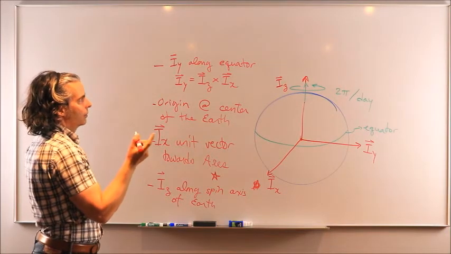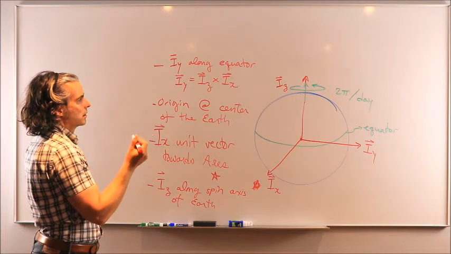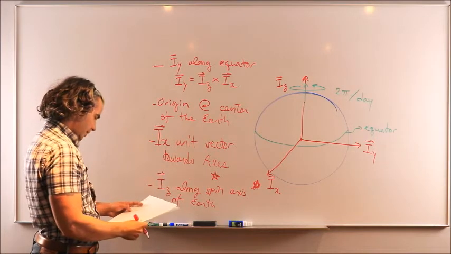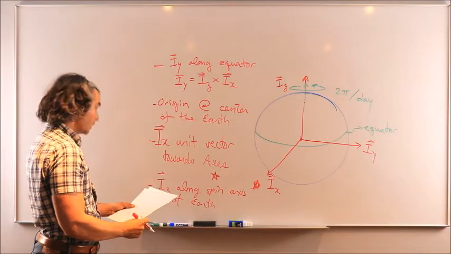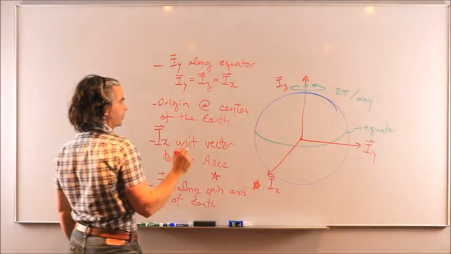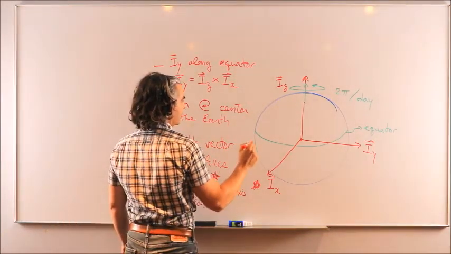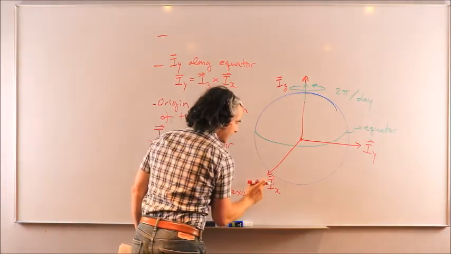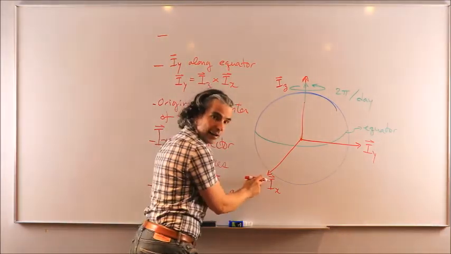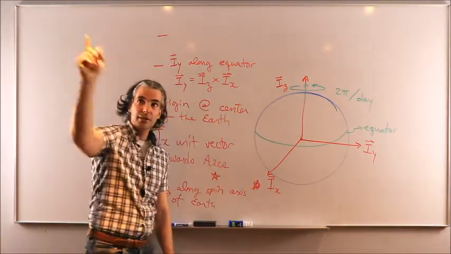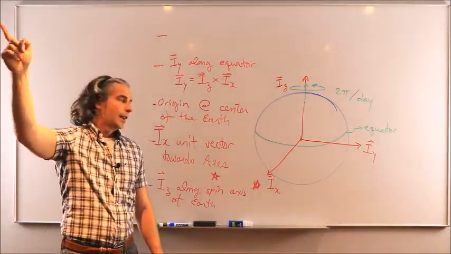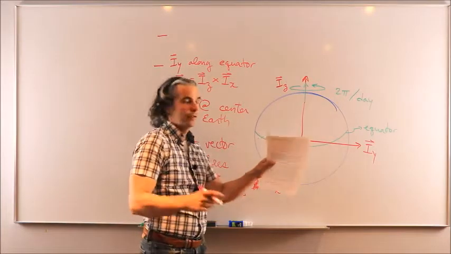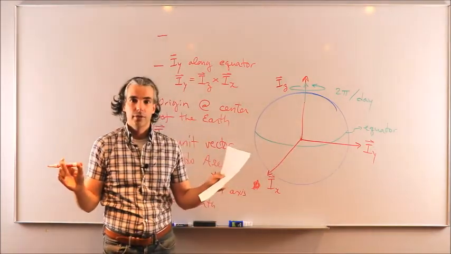Happens to be in the equatorial plane. Oh yeah, one thing to notice here is that because this axis, this unit vector Ix, is always pointing at the same star in the sky, it means that this reference frame is not physically attached to the Earth, okay?